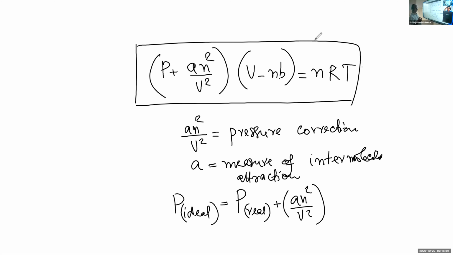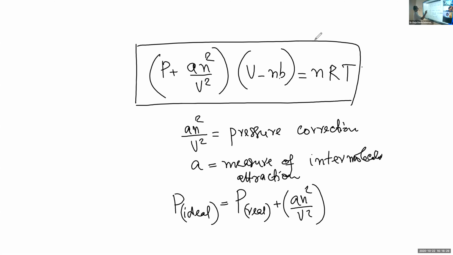So the ideal pressure is equal to P real, the pressure measured, plus a value due to the attractive force, that is a n square by V square, which is the pressure correction. Why is the ideal pressure greater than the measured pressure or the real pressure?